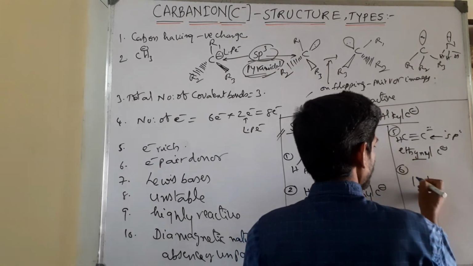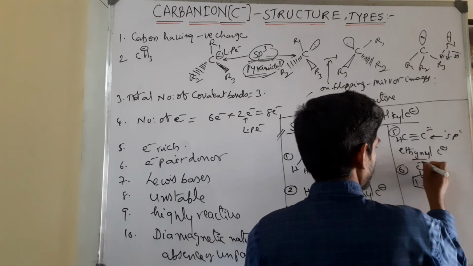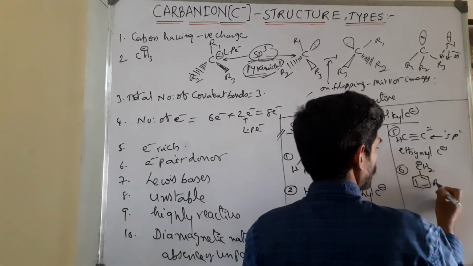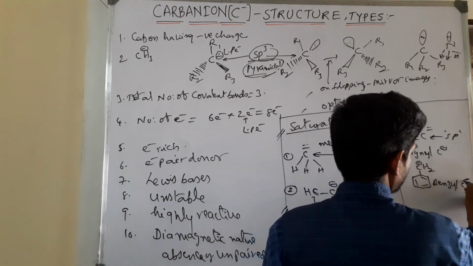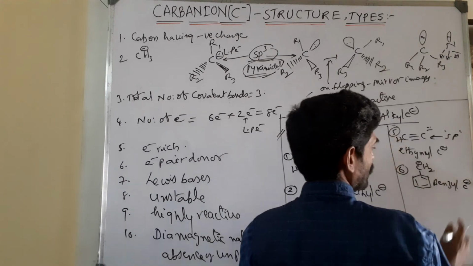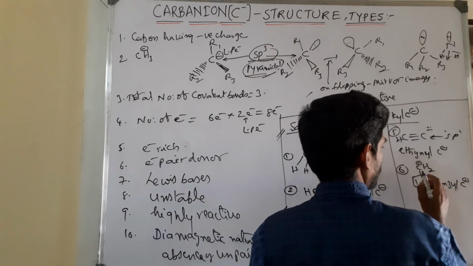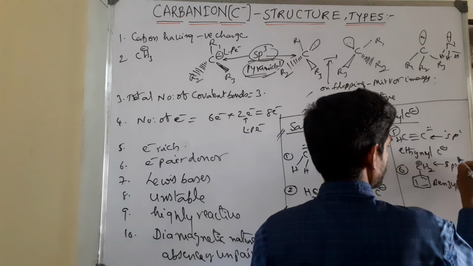Next one is C6H5CH2 minus. This is a benzyl carbanion, right? There is a benzyl group, C6H5CH2. In this benzyl carbanion the carbon undergoes sp2 hybridization, right.